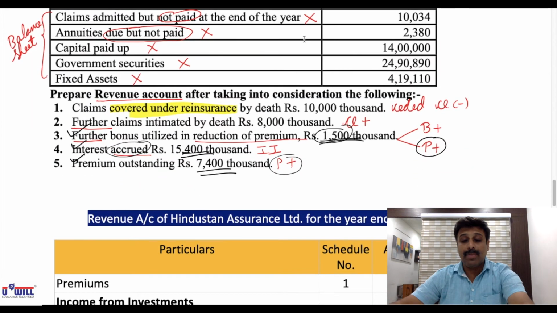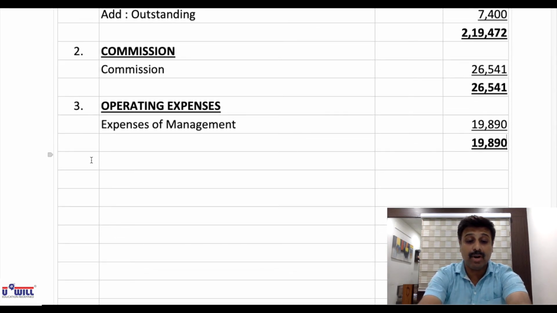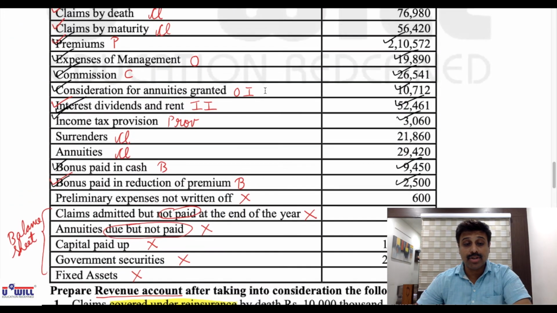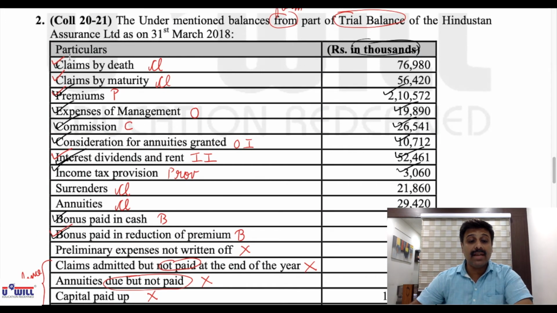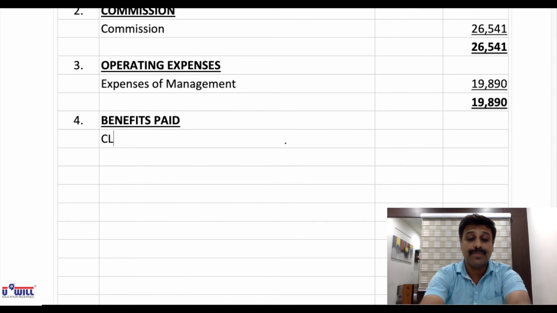Now after operating expenses what we have is benefits paid. Fourth schedule will be made for benefits paid. All the items marked as CL, that is claims, will be taken in consideration. So very first we have claims by death 76980.